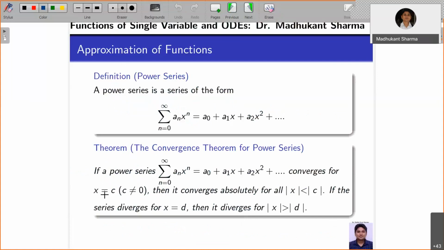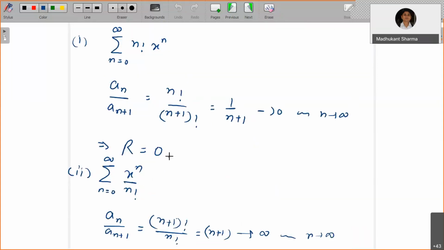So if you are able to show convergence for x equals c, for example, suppose x equals 1 here, the series converges at x equals 1, so it is absolutely convergent for mod x less than 1. You can start with a particular point and get part of the interval of convergence for the values of x.